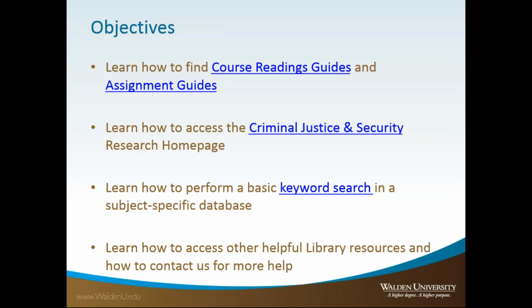We'll also look at a database search. We'll do a basic database keyword search in a criminal justice specific database. And then finally, we'll learn how to access other library resources and how to contact us to get more help at the end.